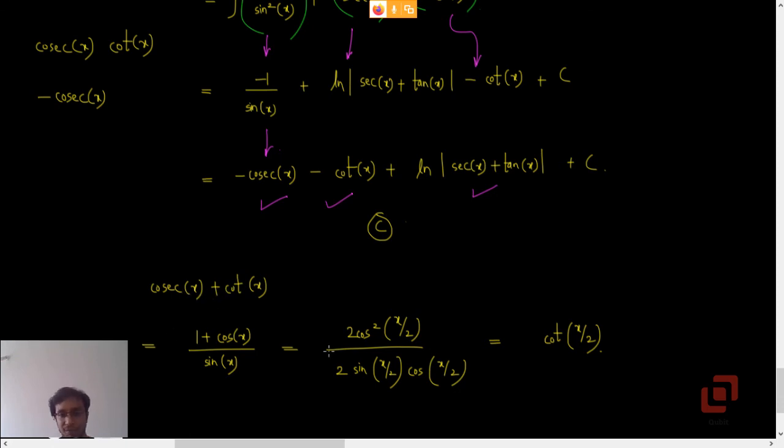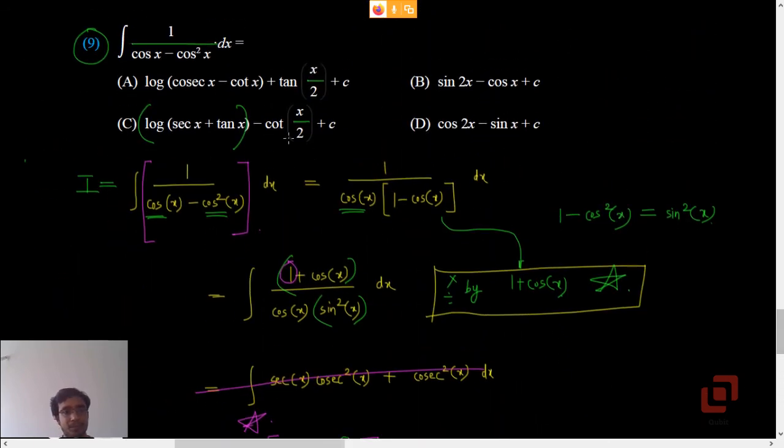Use half angle formulas. 1 plus cos x is 2 cos squared x by 2, sin x is 2 sin x by 2 cos x by 2, cancel cos, cot of x by 2. So the second term that we obtained in our integral is negative cosec x minus cot x, but we have now proved that it is equal to negative cot of x by 2. Negative cot of x by 2, so option C.